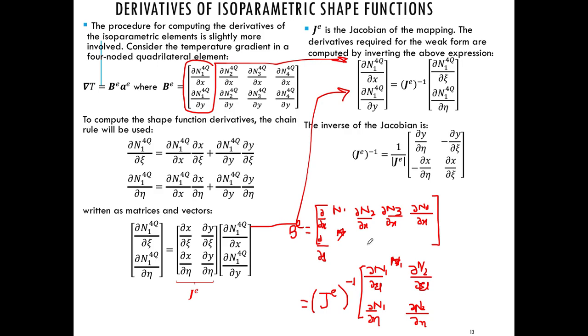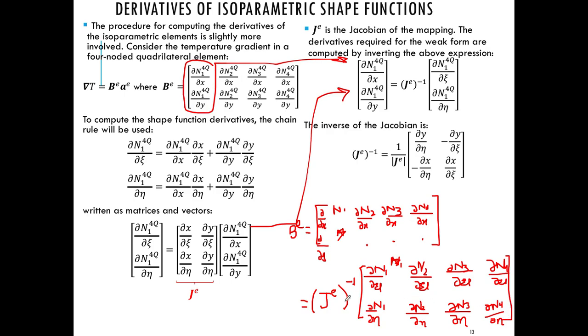Yes, so to get my third column, all I need is to include my del n3 with respect to del psi and del n3 with respect to del eta, and finally also del n4 with respect to del eta and del n4 with respect to del psi.